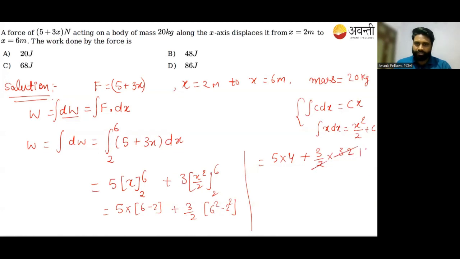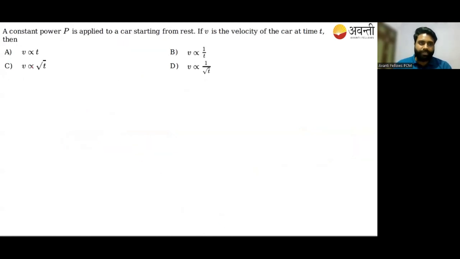So it is 48. Twenty plus 48, you have 68 joule. Okay. This is option C, the correct option. I hope you are clear with this question. Now move on to the next solution.